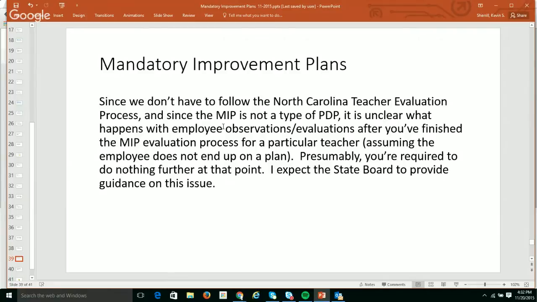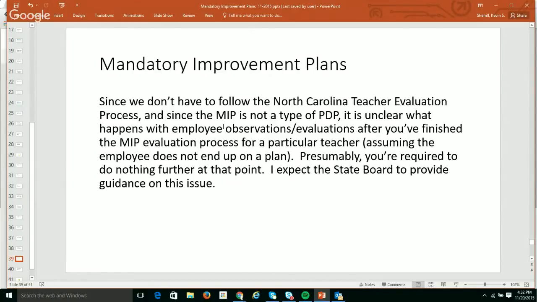So let's say you have this excellent teacher who goes in your excellent category, and you can do an evaluation pretty quickly and realize that you don't need to put them on a MIP or demote or dismiss. Nobody's really given us any guidance on what needs to happen from that point through the end of the year. The state board's proposed policy that they tried to pass or considered passing last month said that you would then go back to the PDP process.